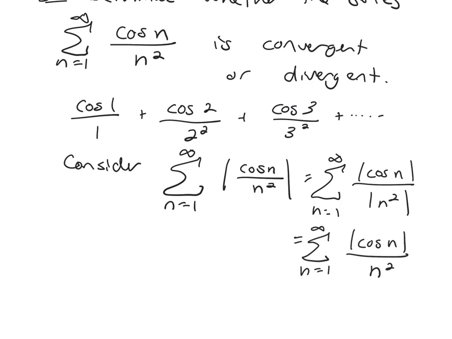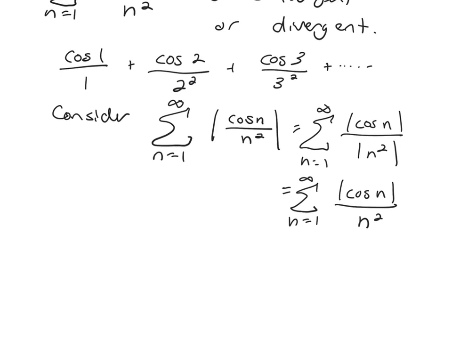What's nice about having absolute convergence is you're forcing your series to have positive terms. What test can you use when you have positive terms? Comparison tests. So you're opening up the use of comparison tests, which we couldn't use before.